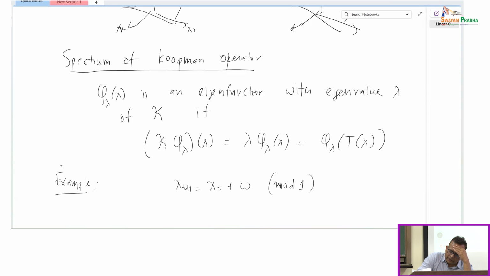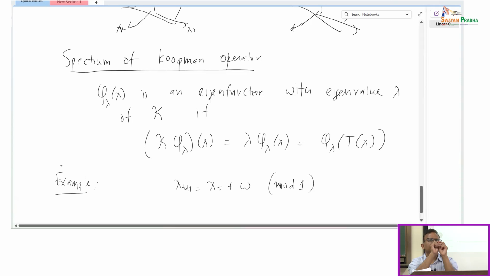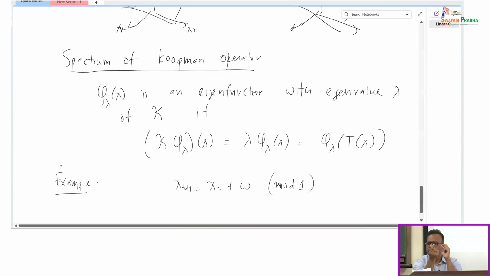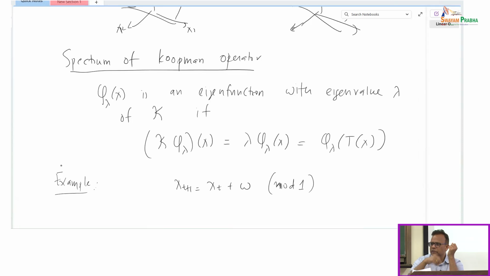What it means is that you have a circle and you are moving on the circle. At every time you take a step of omega, and once you cross 1, you come back to 0. So that's what this system is.